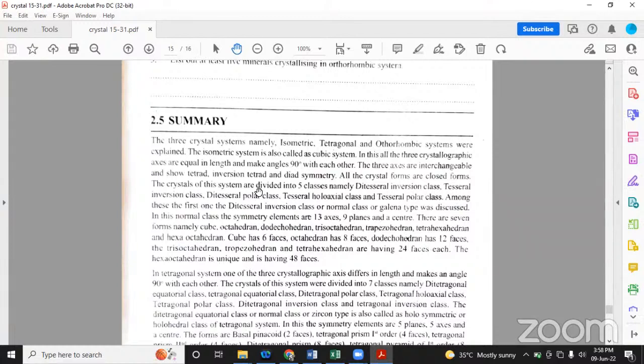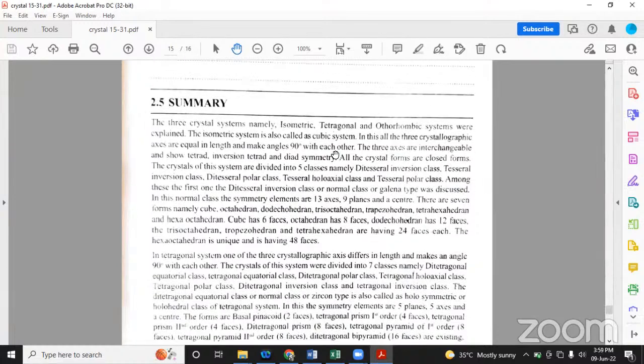I'm just reviewing this one time. The isometric or cubic system has axes of equal length, and the angles are also the same.